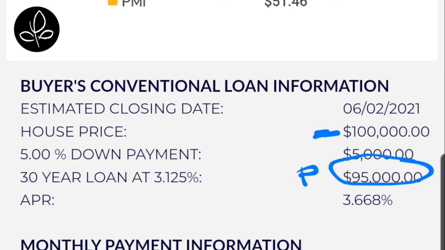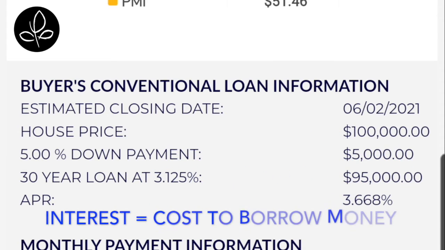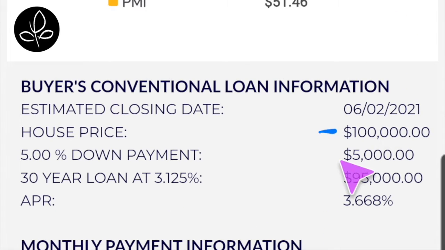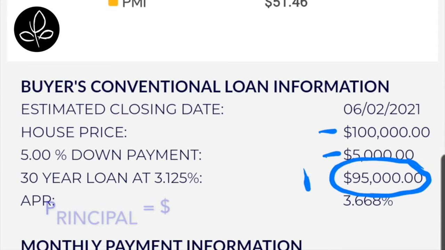home. So the principal amount is the total amount of money borrowed, and the cost to borrow that amount is 3.125. So let's recap really quick. The home is $100,000. You have a $5,000 down payment, which means the lender is giving you $95,000. So that's your principal amount.